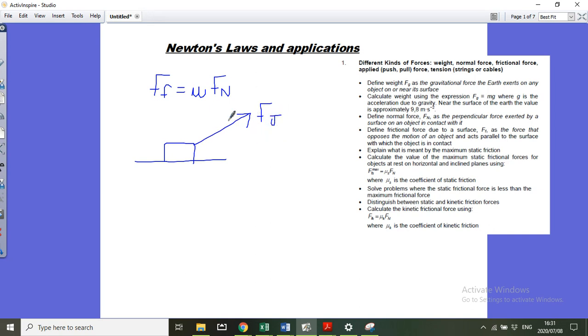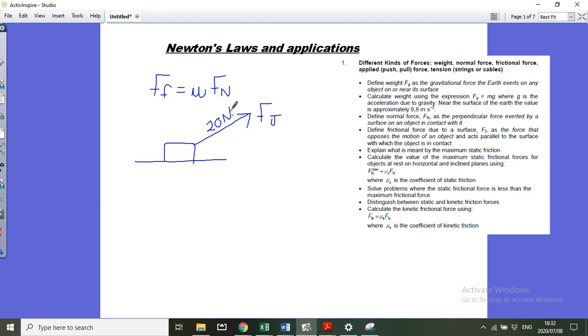So the force applied by Julian in that direction, and that force is 20 newtons. Now you need to realize that that force, the normal force, is the force acting upwards on this object. But there's also a downward force here. So now if you think about it, is the surface still experiencing the same force, or is the box still experiencing the same force here?